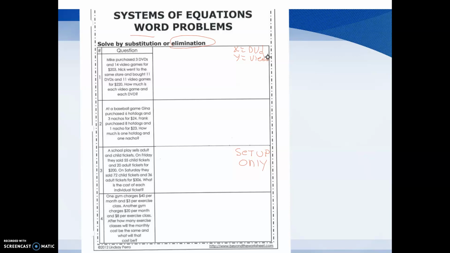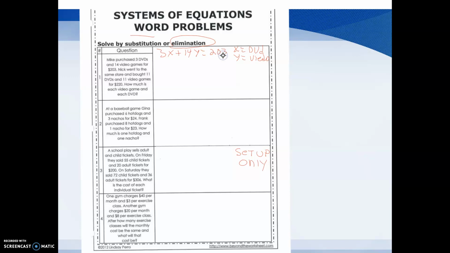So Mike had 3, so that would be 3X, right? 3 DVDs, and he had 14 video games, that would be Y, and it cost him $203.